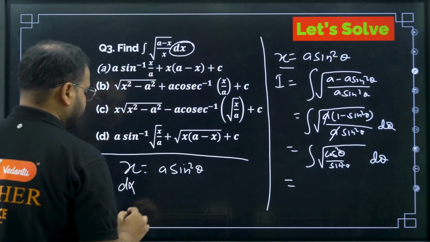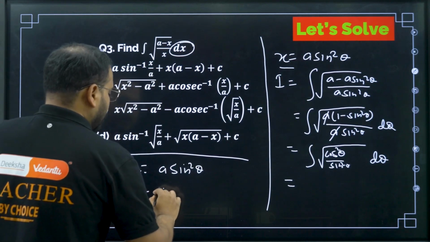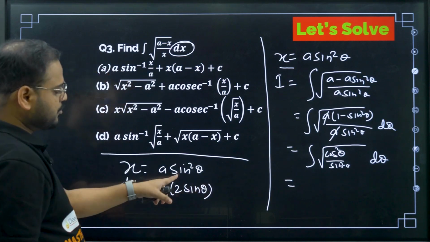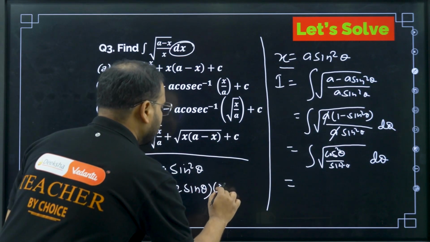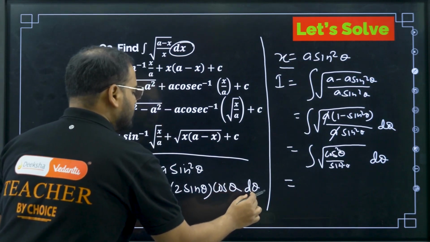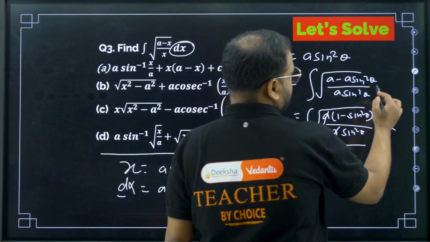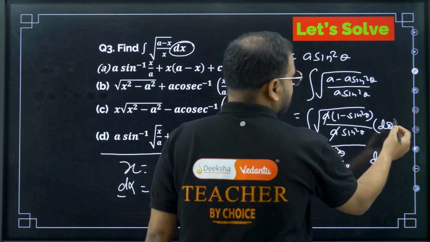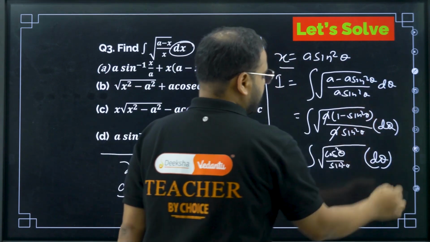I'm differentiating, so sin square becomes 2 sin theta, and I have to differentiate sin theta also, so it will be cos theta, with a d theta. So dx is 2a sin theta cos theta d theta. I don't have enough space over here, but I'll replace it in the next slide.